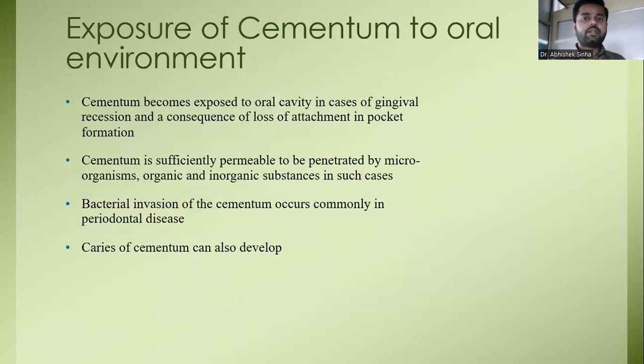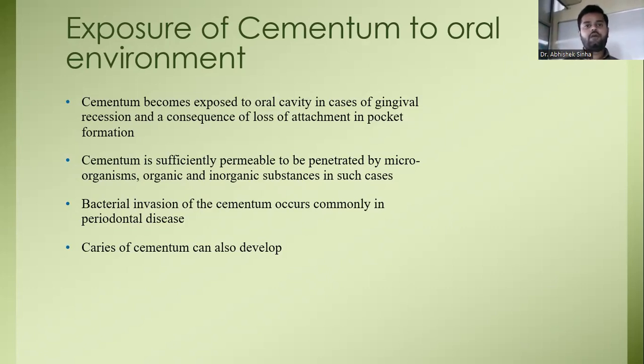Exposure of cementum to oral environment. So when will the cementum become exposed to the oral environment? When you have gingival recession. So once the gingiva recedes, cementum gets exposed, right? Cementum gets exposed to oral environment in cases of gingival recession or as a consequence of loss of attachment. So cementum is sufficiently permeable. Permeability of cementum reduces with age.